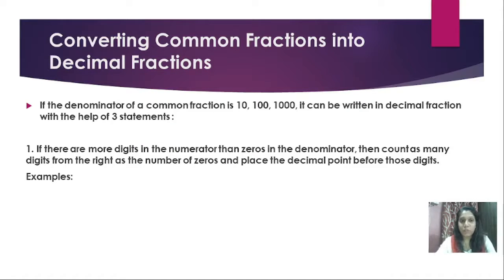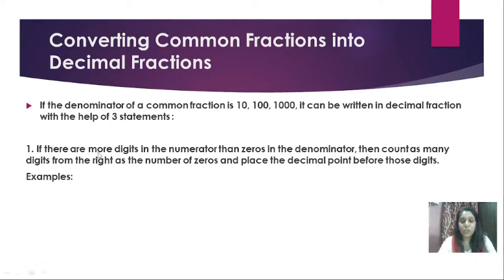So the first statement is, if there are more digits in the numerator than zeros in the denominator, then count as many digits from the right as the number of zeros and place the decimal point before those digits.